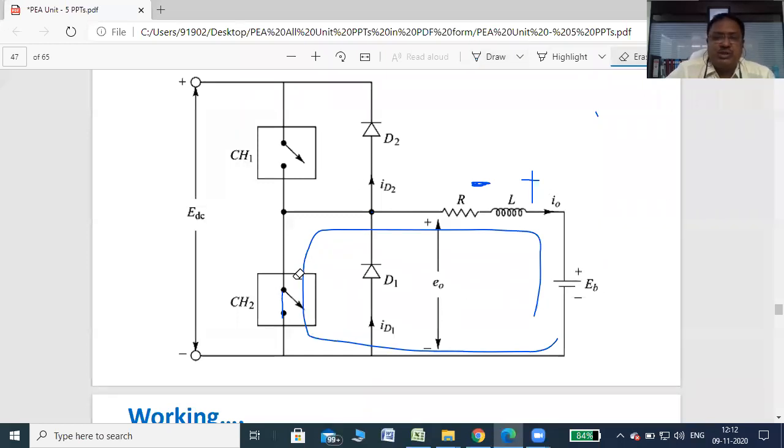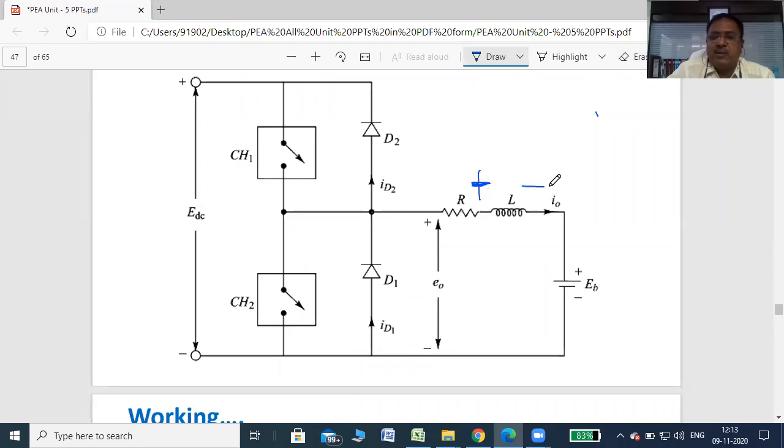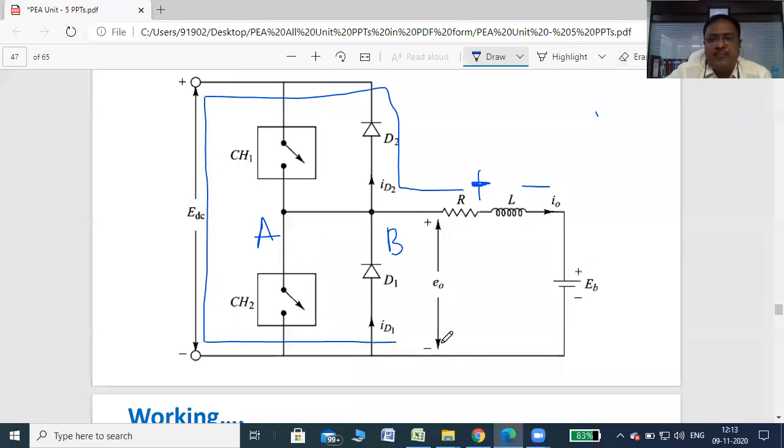But whenever chopper 2 is off, immediately the polarity of this stored charge gets reversed as shown in the figure. This is point A and point B. So B becomes positive. So diode D2 conducts, right? The current starts to flow from L positive, then diode D2, then back to the EDC, then EB and then L minus.